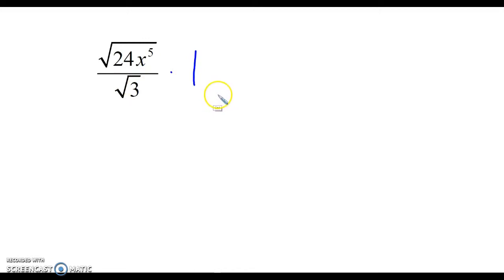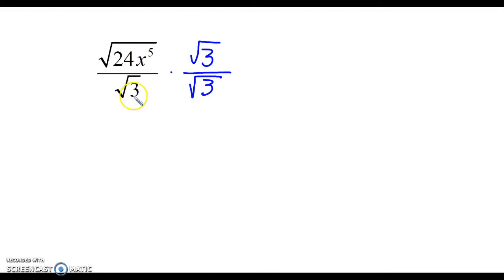So let's use a different form of 1. How about if we do, you know that 3 divided by 3 is 1. That's still not going to get the radical out of the denominator, but this will. So whatever is in your denominator, whatever the radical is, that's what you're multiplying by.